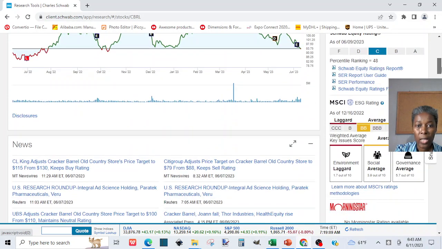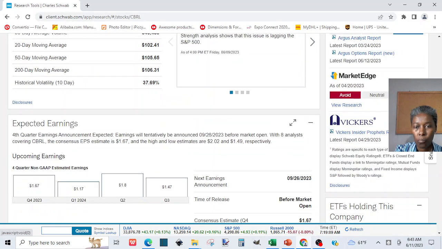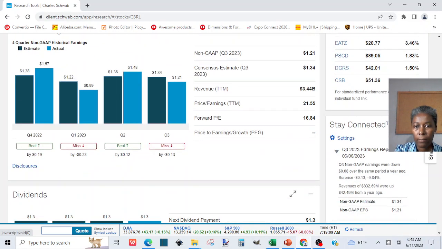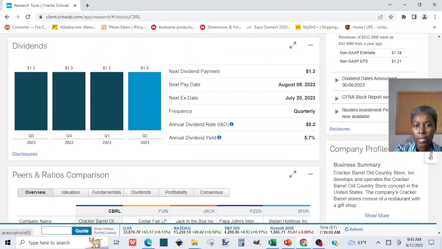It's closer to the low than it is to the high, and the annual dividend yield is 5.7%, and the next payday is August. That will be month 2 of a quarter.